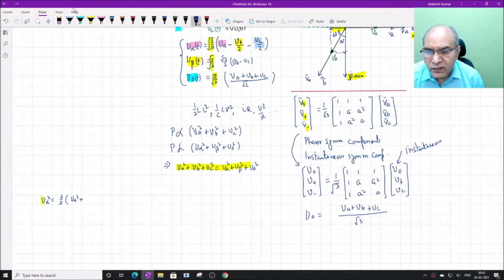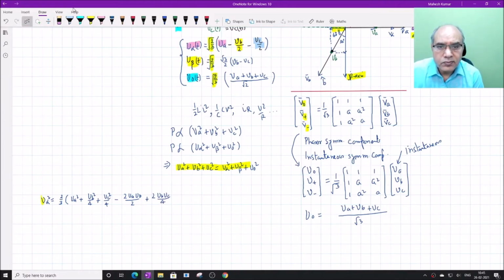So B alpha square will be 2 by 3 into Ba square plus Bb square by 4 plus Bc square by 4, then minus 2 Ba Bb by 2 plus 2 Bb Bc by 4, because by 2 into by 2, and then minus 2 Bc Ba by 2.